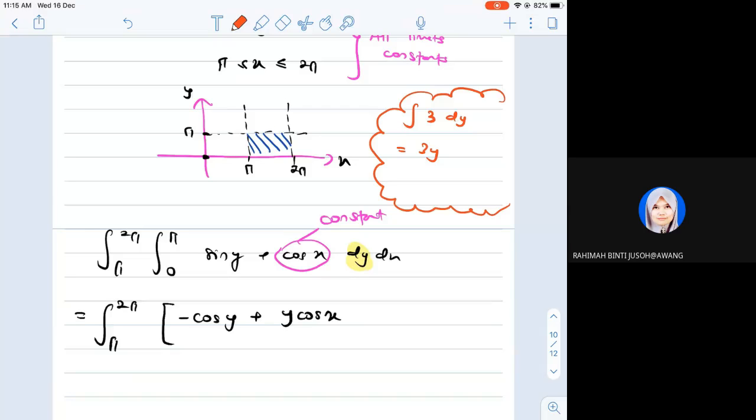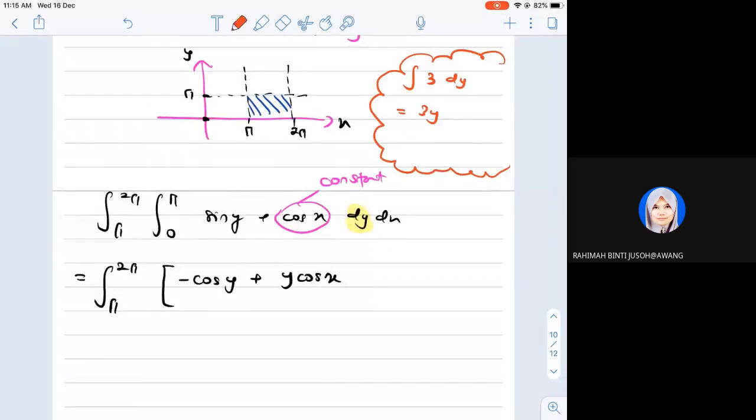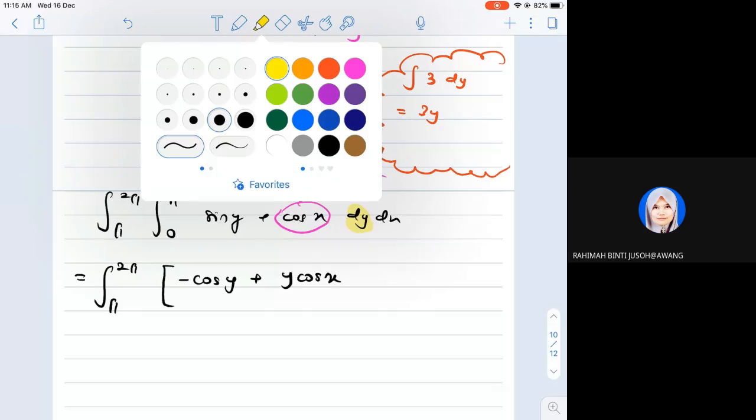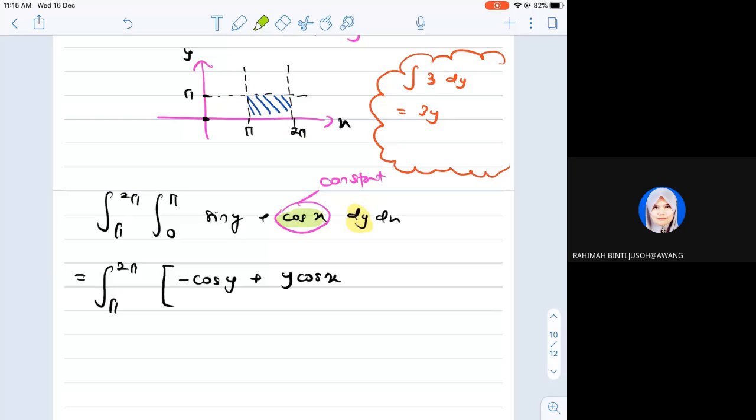Constant multiplied by y. So you have to imagine that cos x is a constant. Treat it like the number 3. So when you integrate 3 with respect to y, you will get 3 times y. The same thing happens here. So when you integrate cos x with respect to y, you will get cos x multiplied by y.